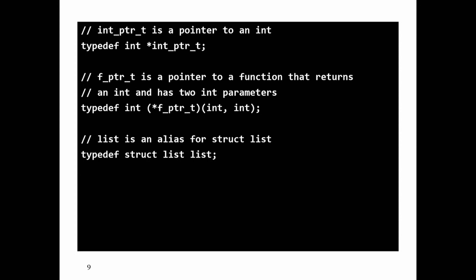What this is, is a pointer to a function that has two ints as its inputs and returns an int on output. We'll come back to this later on. You don't have to be able to parse this typedef at this point in time.